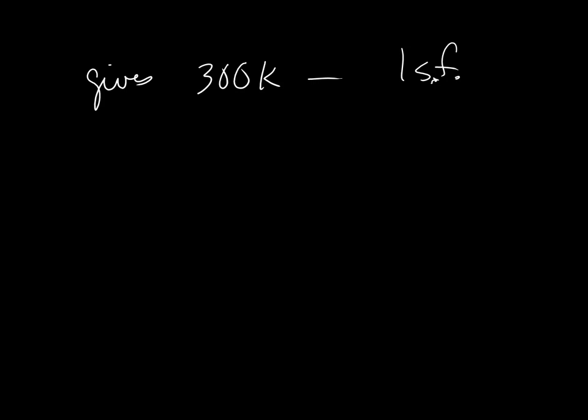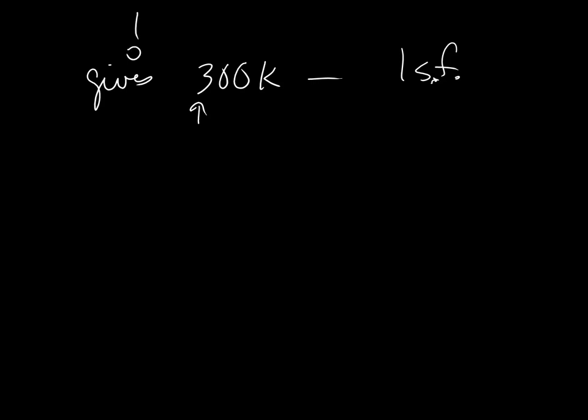Okay, so that means if that's got 1 sig fig, that means they measured this on a thermometer. It said 0, and they had to estimate that was a 3.